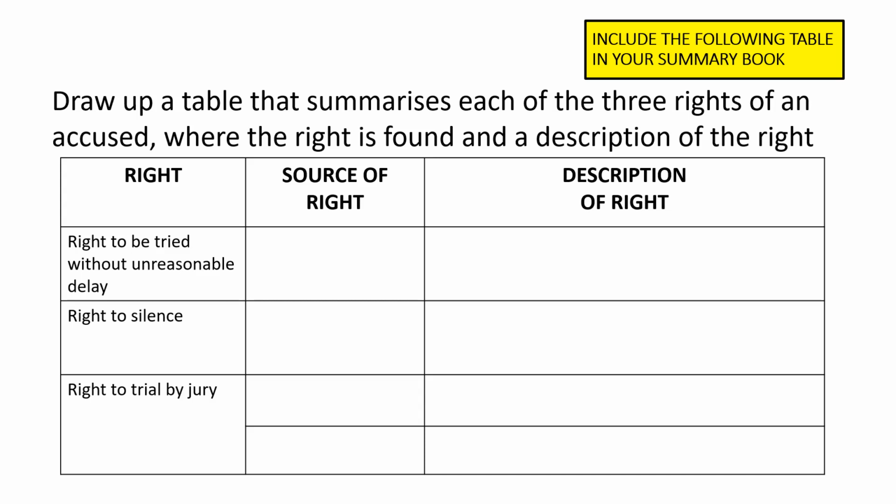As you will learn, some of the rights of an accused that we're looking at are set out in a Victorian statute which is called the Victorian Charter of Human Rights and Responsibilities. In the slides that follow, I've abbreviated the Victorian Charter of Human Rights and Responsibilities to VCHRR.